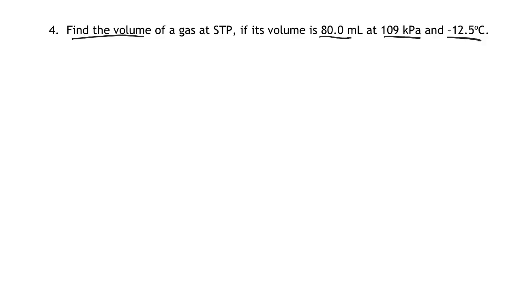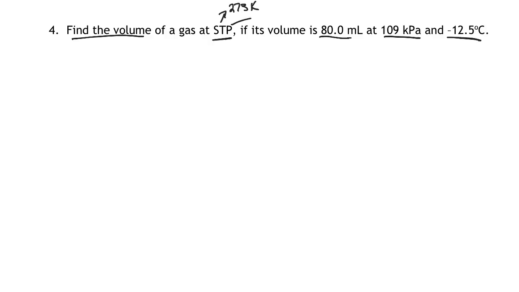Well, the factors are hidden in this STP. Remember, that stands for standard temperature and pressure. So standard temperature, if you look at your notes, is 0 degrees Celsius or 273 degrees Kelvin. So I know this is a gas law problem, so I might as well use the 273 degrees Kelvin.